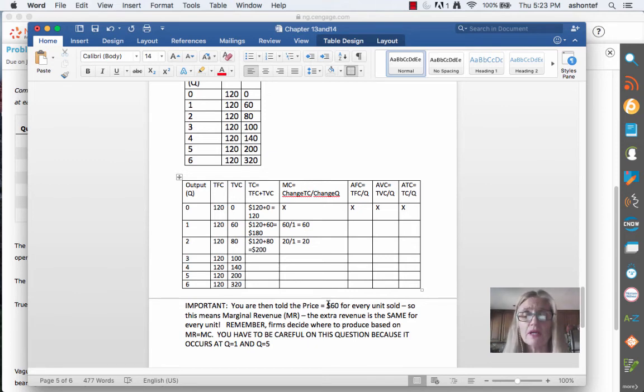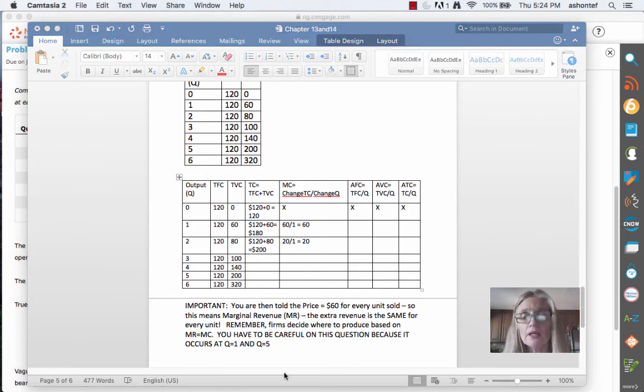So that means every single unit they sell, they will get $60 for that product. So if they're getting $60 for every unit they sell and it doesn't change, that means that their marginal revenue, remember that's your extra revenue you get from selling one more unit, is always going to be that price of 60 because it doesn't change.